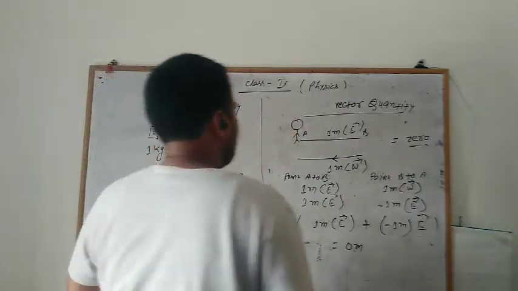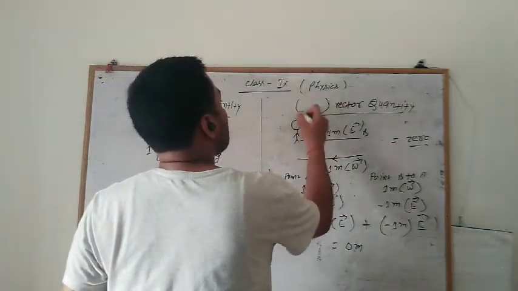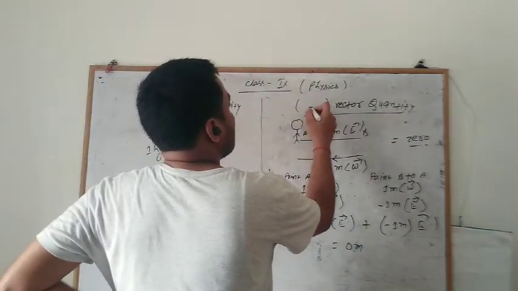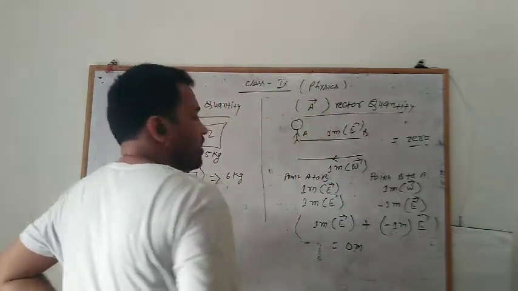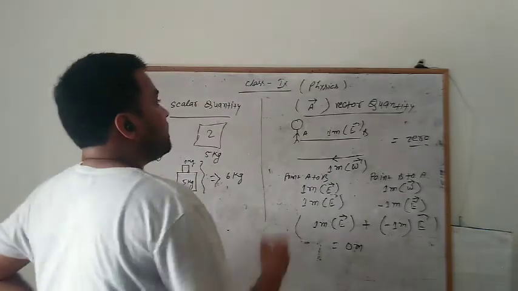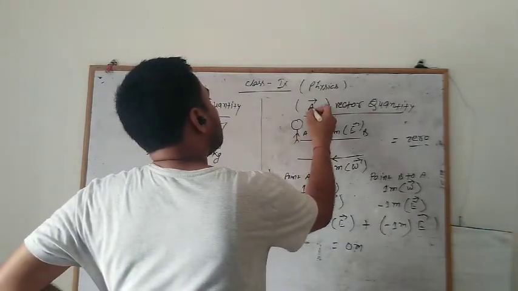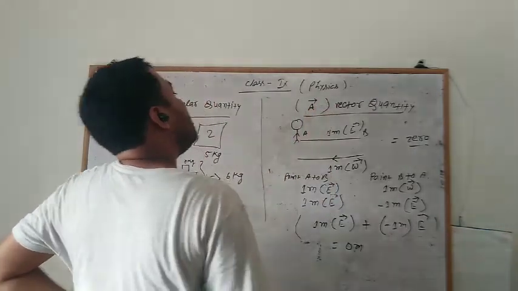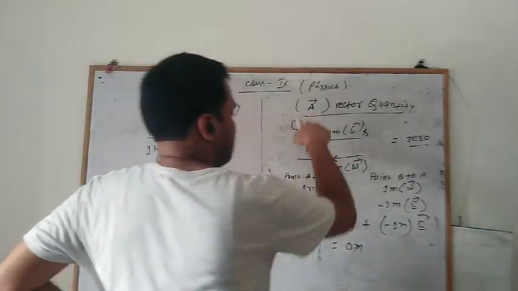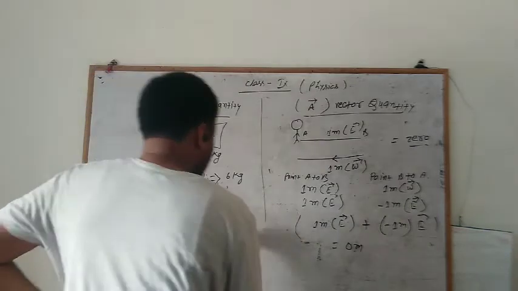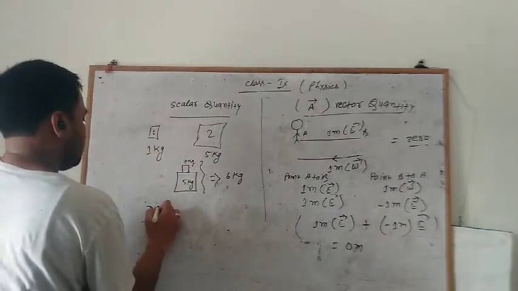A vector quantity will be represented with an arrow sign on top, an upward arrow sign. So basically this will be the representation of a vector quantity. Suppose there is a distance, okay.